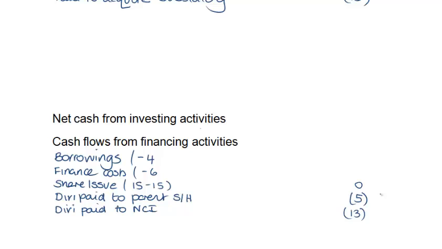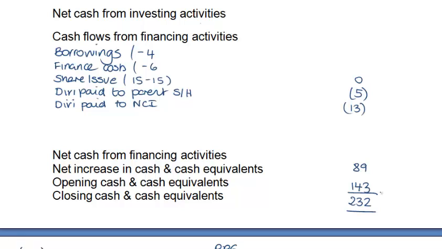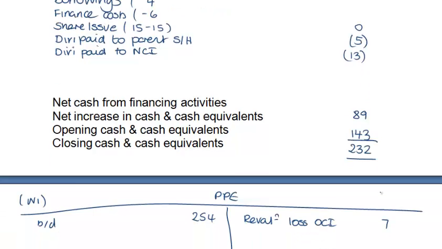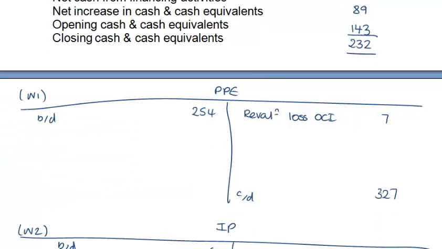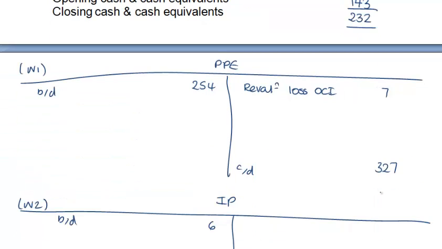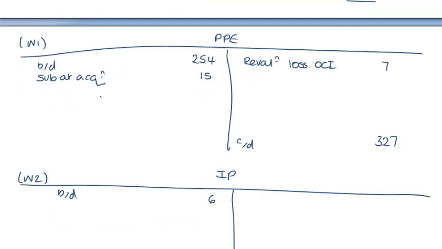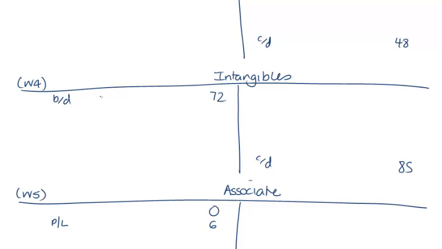We're then given information in respect of Tigray, and remember you have to strip out the assets and liabilities of a subsidiary when looking at movements in the year. So the first thing we see is PPE, subsidiary at acquisition was 15. We've then got intangibles, so we go to our intangibles note, subsidiary at acquisition is 18.